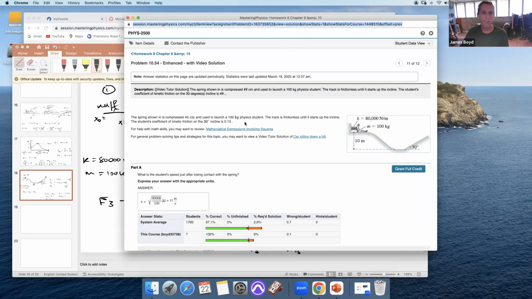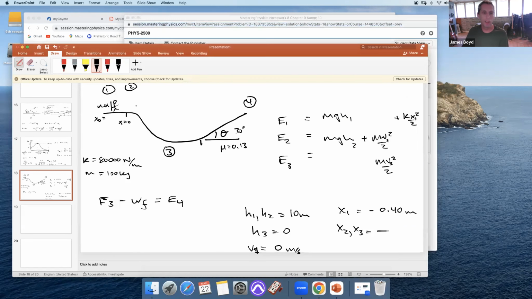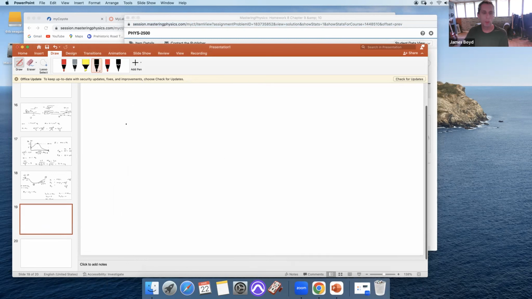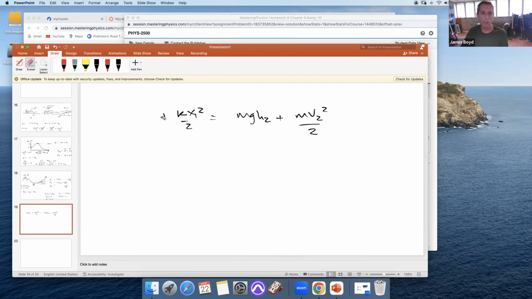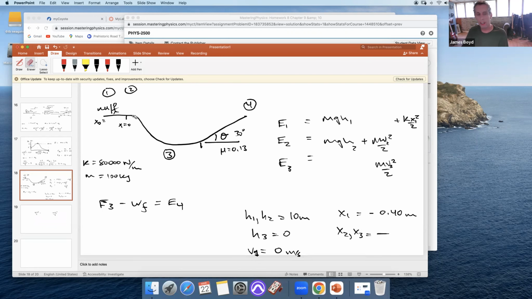So first things first, what is the student's speed at 2? So mgh1 plus kx1 squared over 2 is equal to mgh2 plus mv2 squared over 2. However, h1 and h2 are both 10, so we can make those go away. And the spring energy all turns into kinetic energy once they're released.